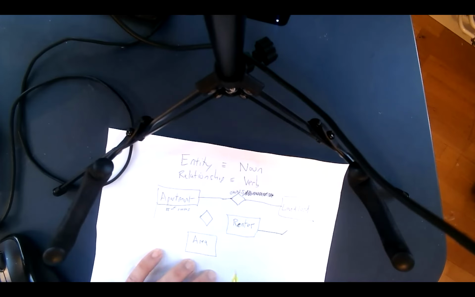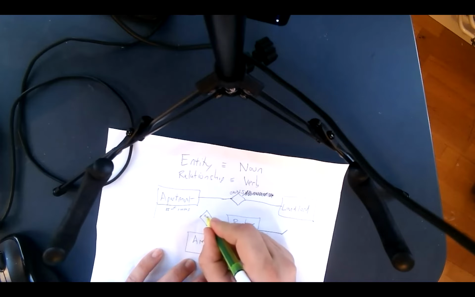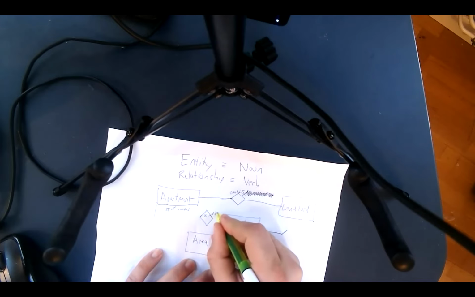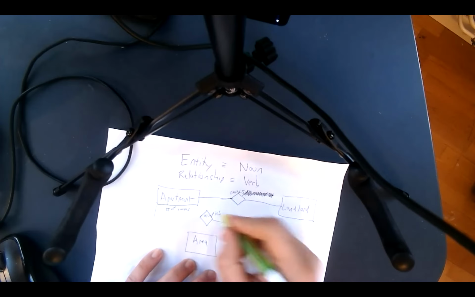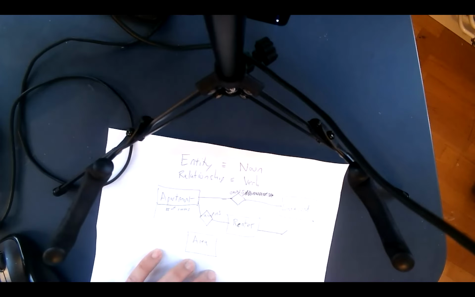Or let's be a little bit more official here. Can we say occupies? Is that okay? Occupies. So a renter occupies an apartment. Okay. Let's keep it really simple right now.